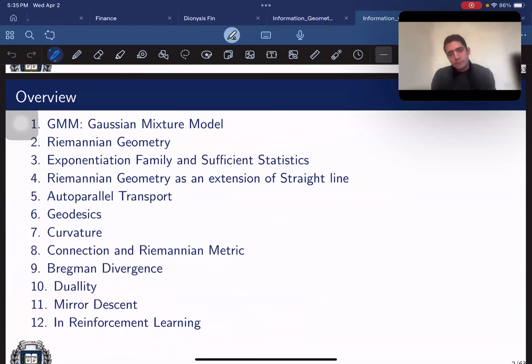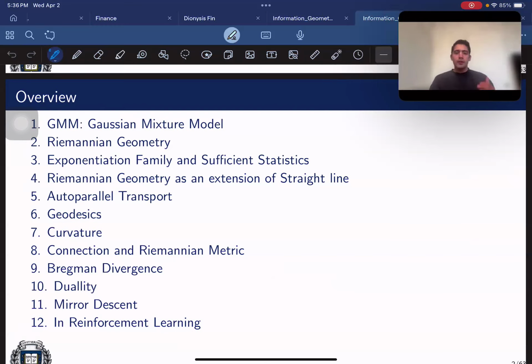Okay, so in the second session, we would start at first by going through fitting a Gaussian mixture model. We see how maximizing the likelihood estimator would not give us a meaningful result, and also other heuristics.